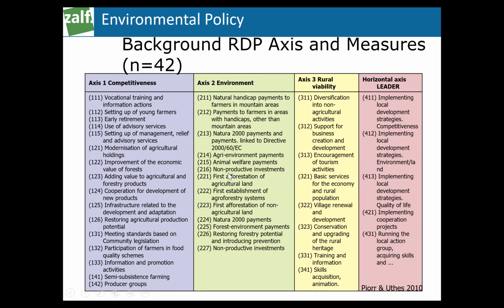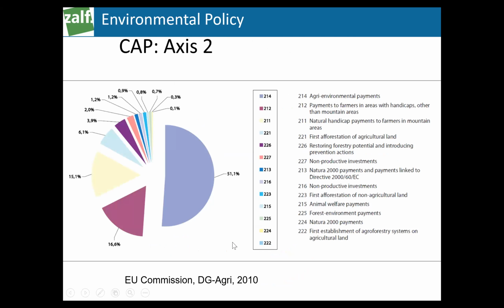And in this axis 2, we go now into detail and see, okay, here are the agri-environmental payments. Here is exactly the tailored program for environmental friendly management. Here is exactly the payments for farmers in areas with handicaps, less favorable areas, to compensate maybe disadvantages in certain regions. Here we have the natural handicap payments for farmers in mountain areas, less favorable areas.